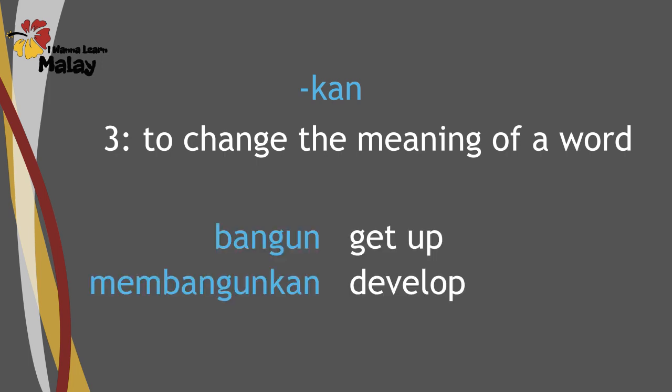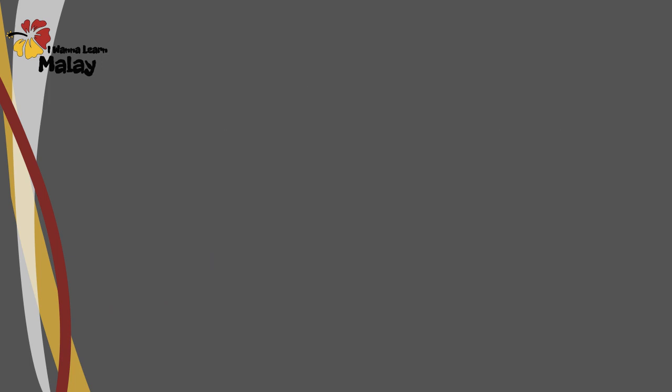Another example is bangun, which is to get up or to stand, but bangunkan or membangunkan is to develop. These are just some of the examples. If you see the suffix kan at the end of a verb, just find out what it means and what the usage is for. Okay?